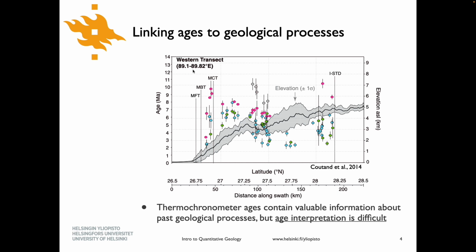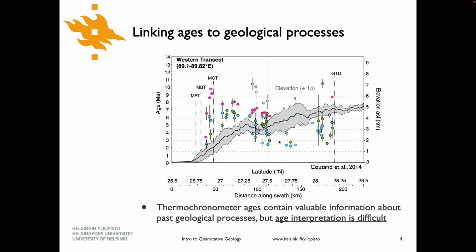So here's a plot of the age data. The vertical axis is age, and this is latitude, so we're going from south to north in this transect. You can see the age pattern is a bit complicated. If you look at just one age system, for instance the pink dots, which should be our zircon helium ages, they're young at the very southern edge, and then they get a little bit older, and then there's a continual decrease in ages as you go further north, and then you get older ages again further north.